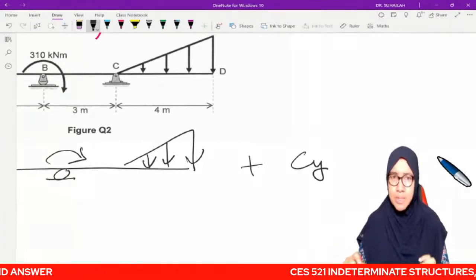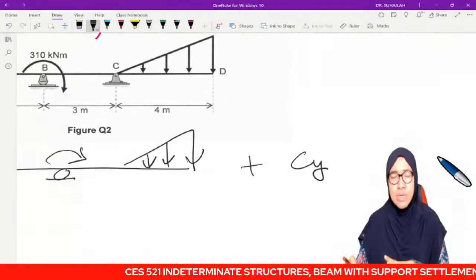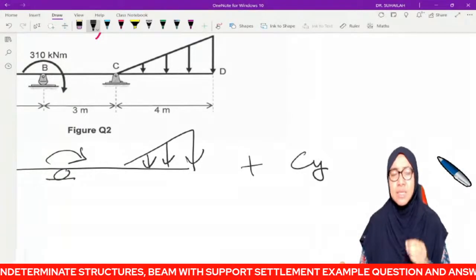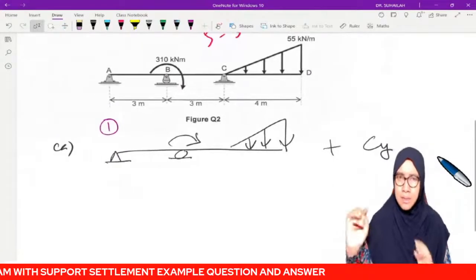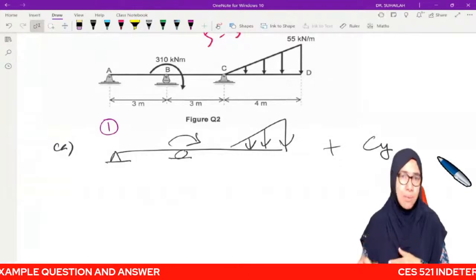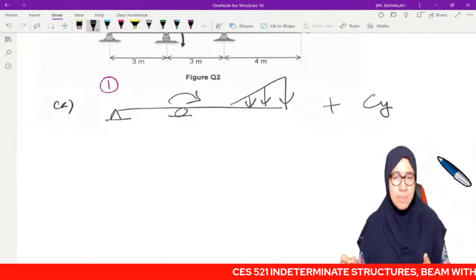We will analyze redundant CY applied. We don't need to analyze redundant CX applied because we already know that CX is equal to 0. This is answer number 1, answer A, possibility number 1. We move to the second possibility.